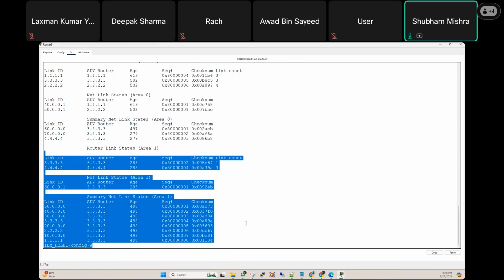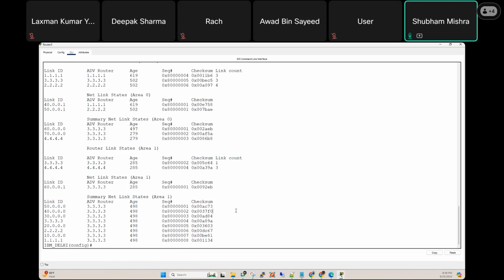So your ABR router holds both LSAs. The ABR router has both areas' information. Yes or no? I understand?